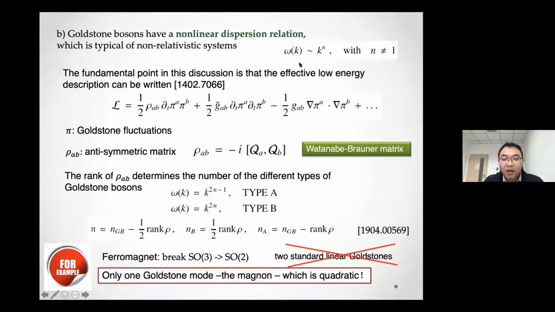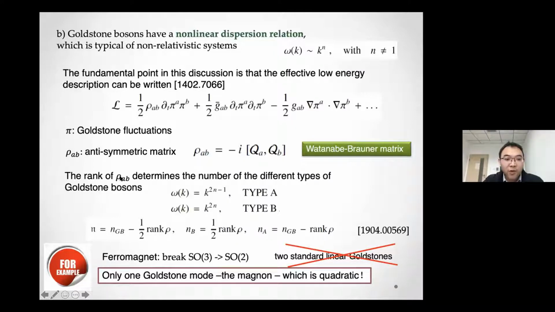Depending on this power, we have two different Goldstone modes. In the first case, called type A, the power is an odd number, 2n minus 1. In contrast, in the so-called type B mode, the power is even.